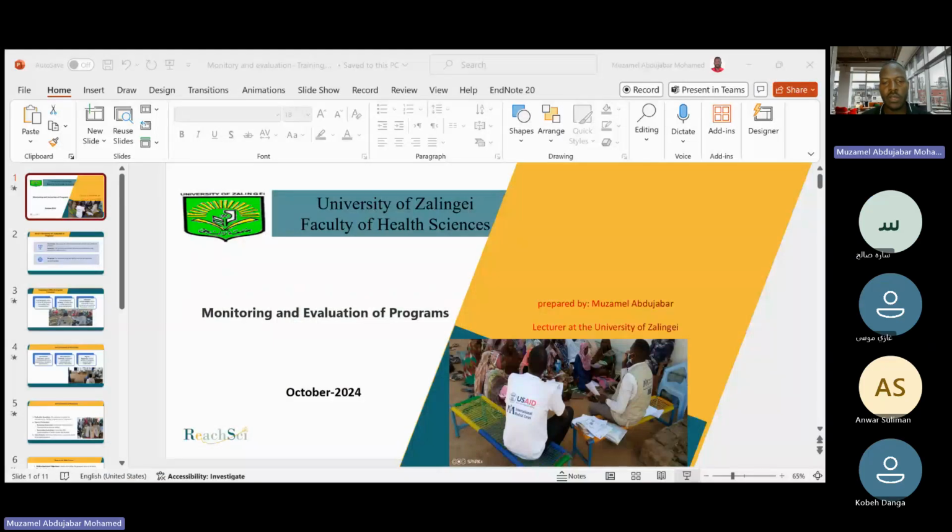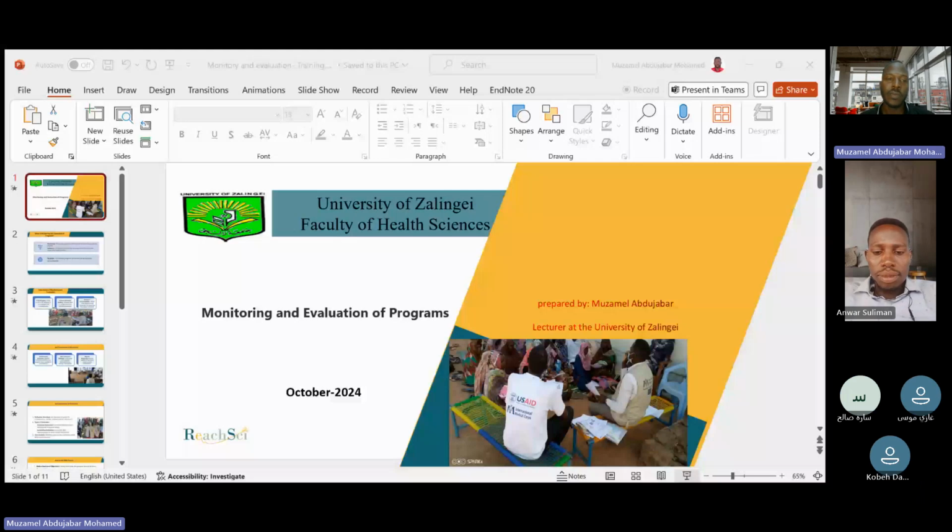As we mentioned, today we are going to talk about the monitoring and evaluation of the programs. Monitoring is an ongoing process of collecting data to assess the progress of the program. Evaluation is the systematic assessment of a program's effectiveness and impact after the implementation.